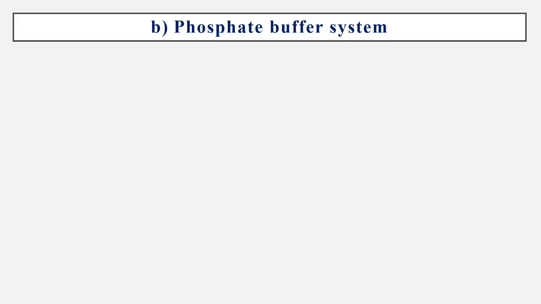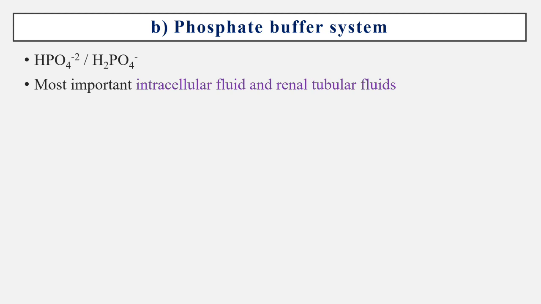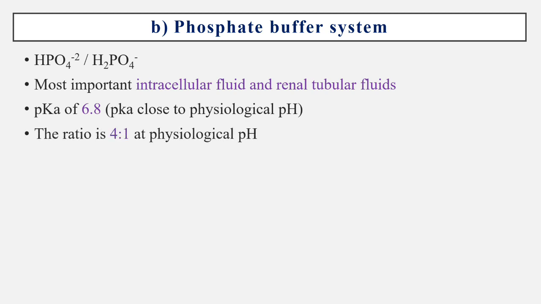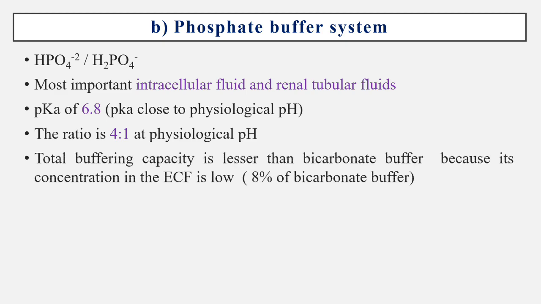Next, coming to the phosphate buffer system. It is most important in cellular fluid and renal tubular fluid. The pK of the phosphate buffer is 6.8, which is close to physiological pH. The ratio of the phosphate buffer is 4:1 at physiological pH.